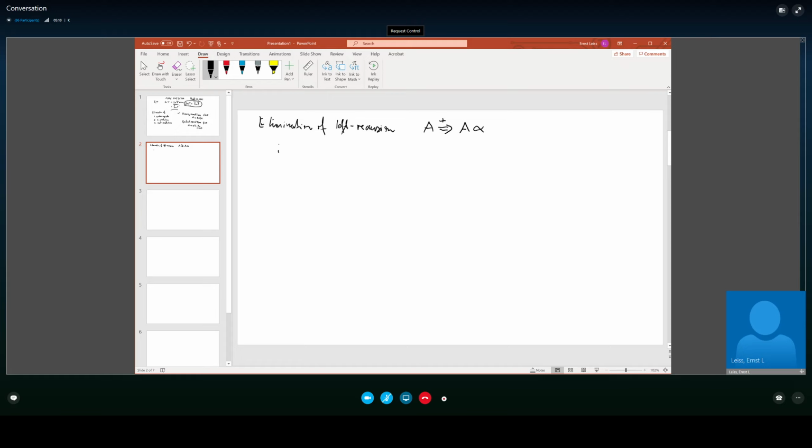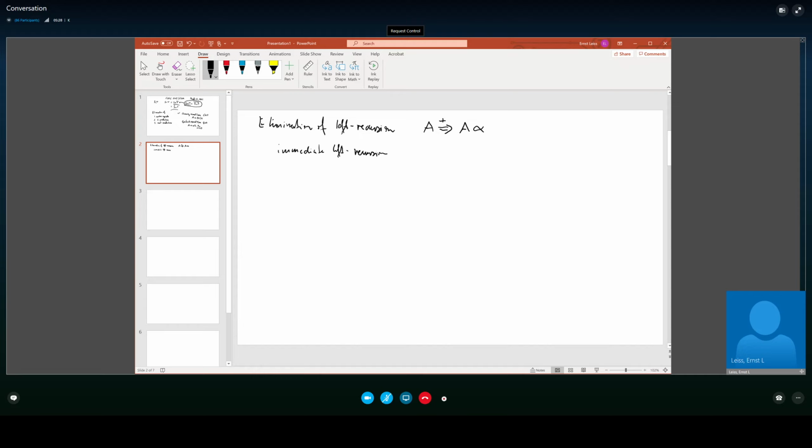There is immediate left recursion, and there's general left recursion. Immediate left recursion is if you have a production where the right-hand side starts with that variable. So this is a single production.